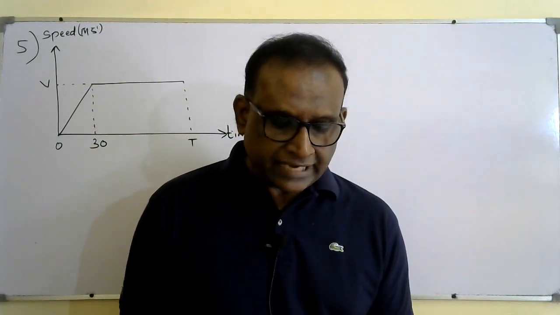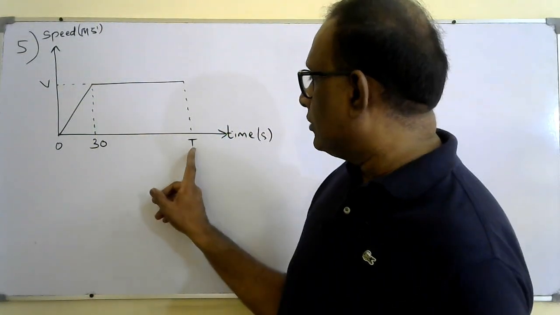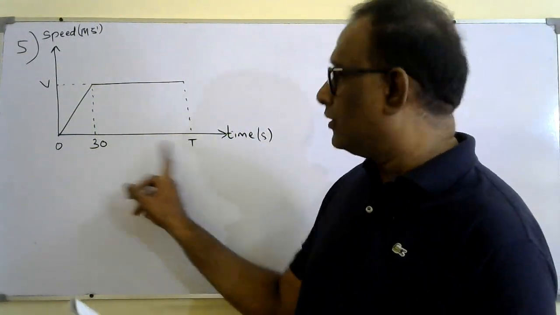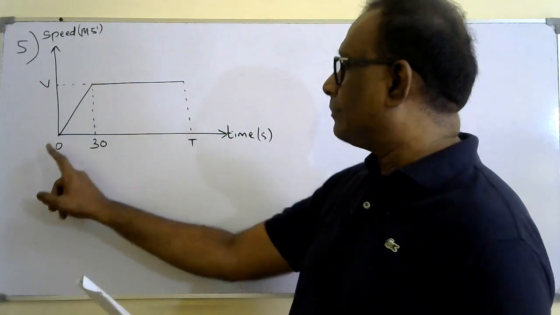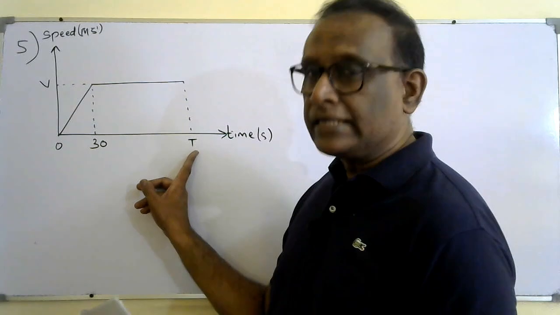The car then travels at constant speed v meter per second until time t equal capital T seconds. So the area covered by this trapezium gives the distance traveled by the car during the time capital T.